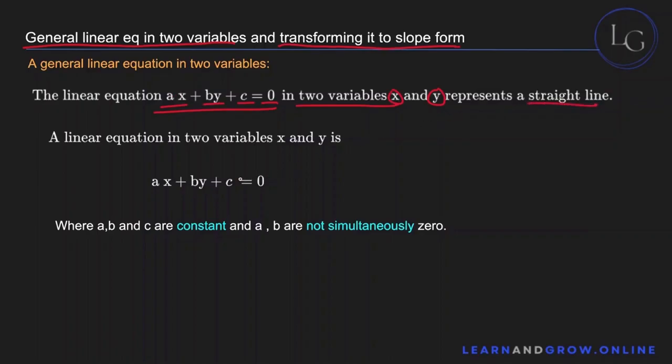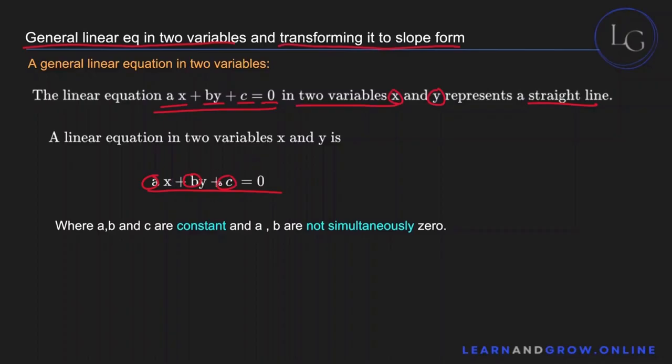And this is the general form of the linear equation in two variables, and a, b, and c are constants. They are not variables. Usually they'll be numbers, like constant numbers or decimal numbers or anything, but they're not variables.